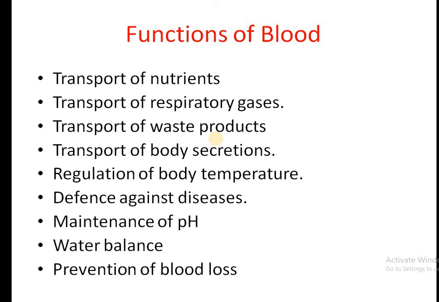It also helps in regulating the body temperature, protects against diseases, and maintains pH and water balance. And it also helps in prevention of blood loss by the process of blood clotting. So students, these are the important functions of blood, its components and the organs related to it.